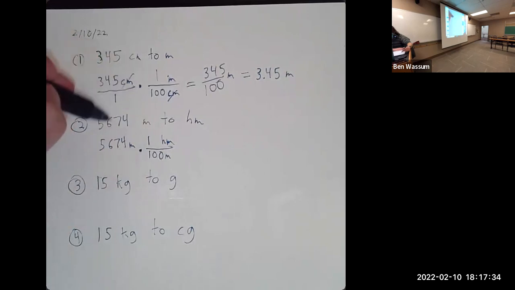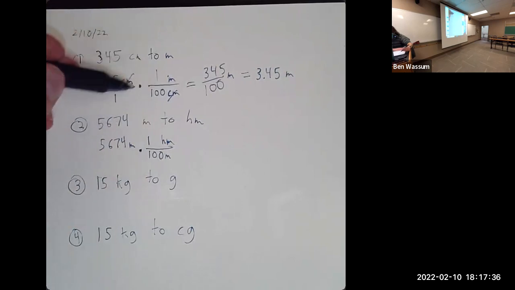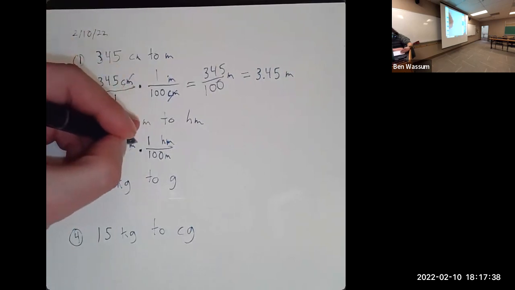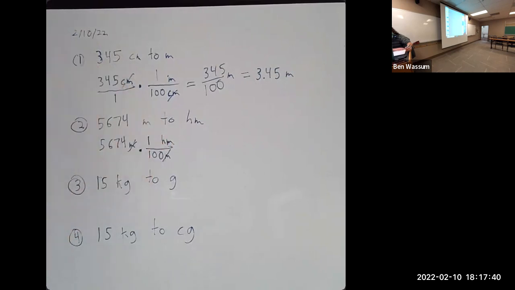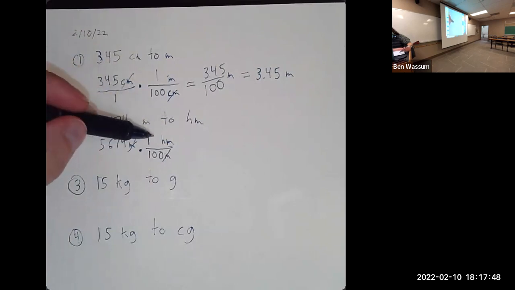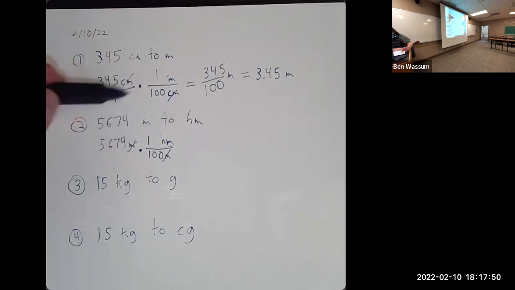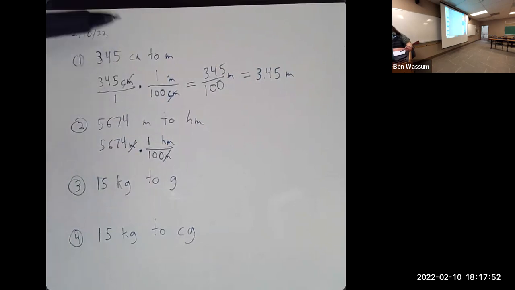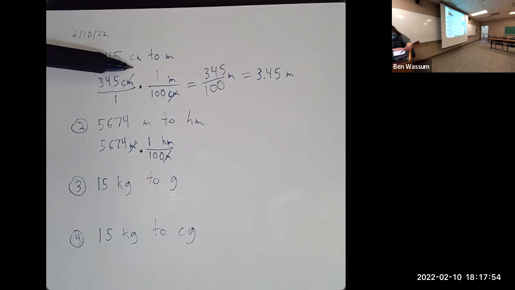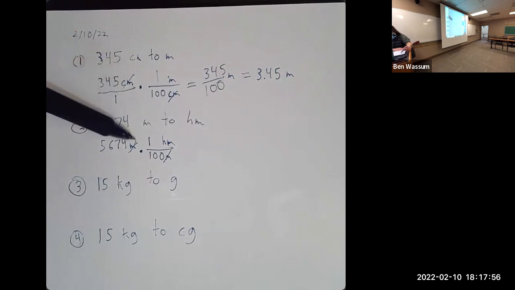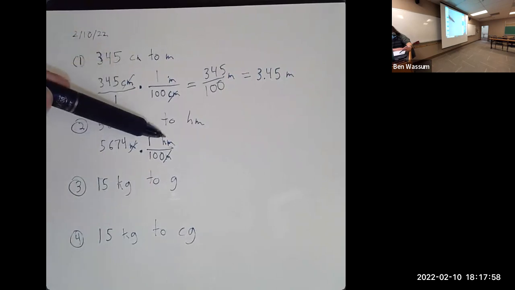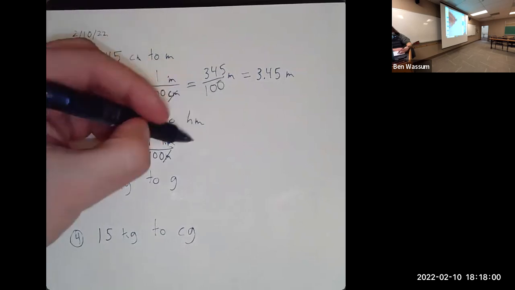Well, look at that. We have the exact same fraction happening as the first problem. Whereas in the case of centimeters being smaller than meters, hectometers happens to be bigger than meters, but because we're going essentially from a smaller unit to a larger unit, the same division ends up happening on this one.